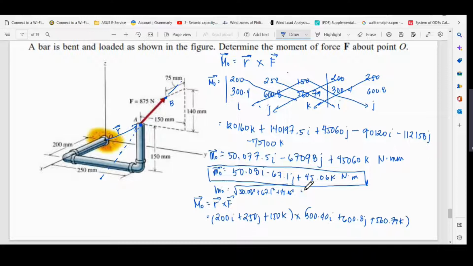Hindi kasi clear sa problem kung pinapahanap is the magnitude or the moment itself na naka-Cartesian vector. So, we can leave our final answer as it is. Naka-IJK siya. Pero pag magnitude, the answer will be 95.08 Newton dot meter.